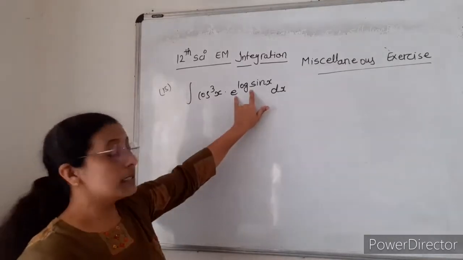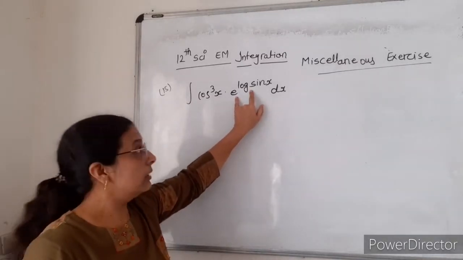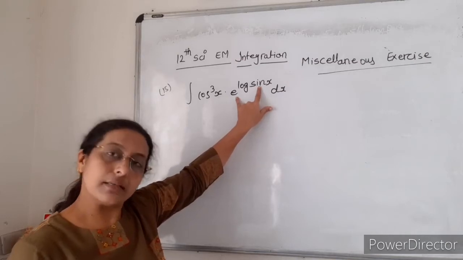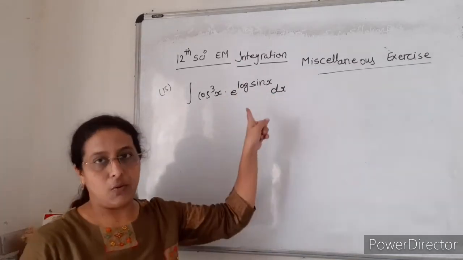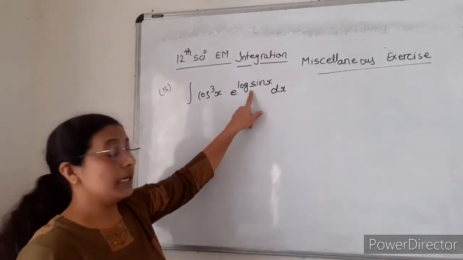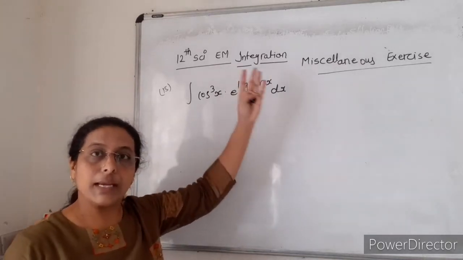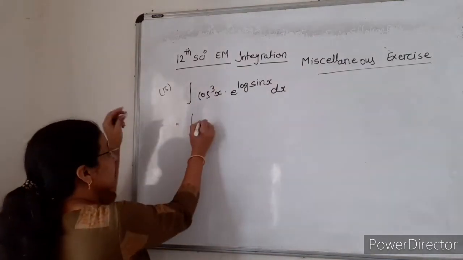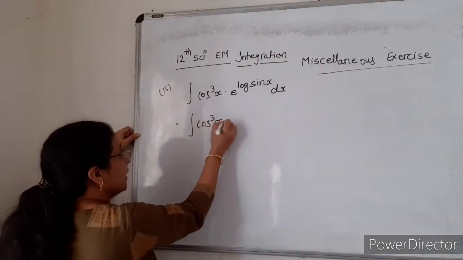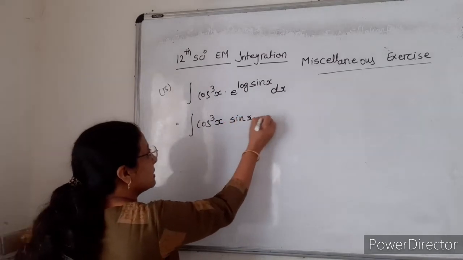Whenever this base and that base are equal, what you have to do? This is cancelled and becomes sin x. That e and e base is equal, then log will be cancelled and only sin x will be there. So that this is equal to integration of cos cube x into sin x dx.